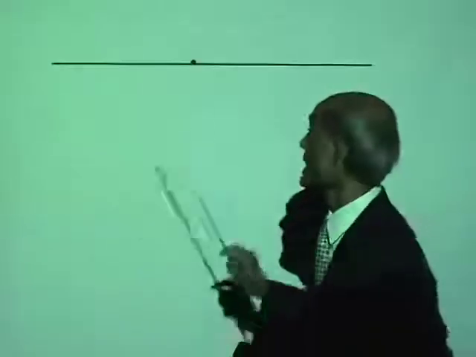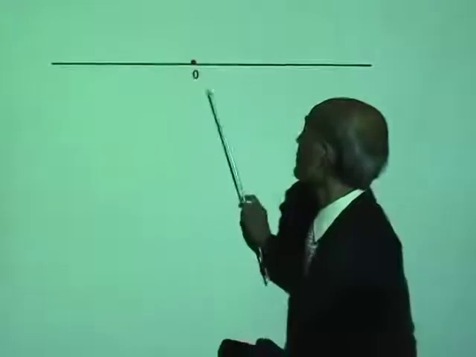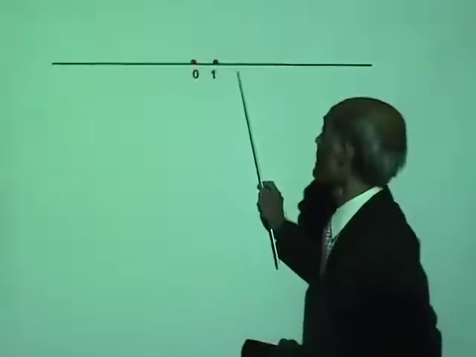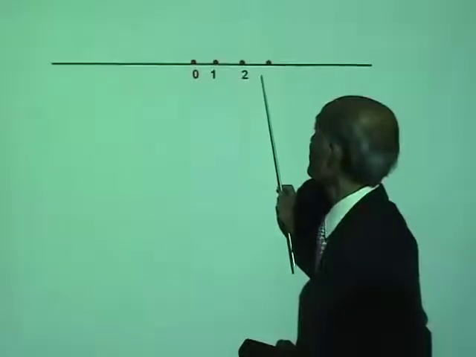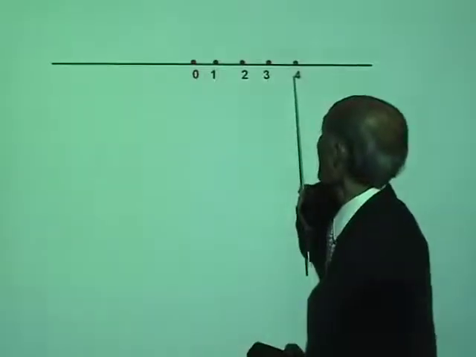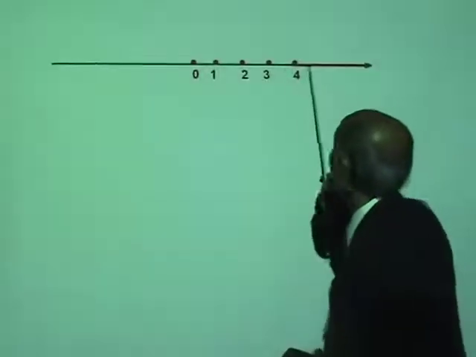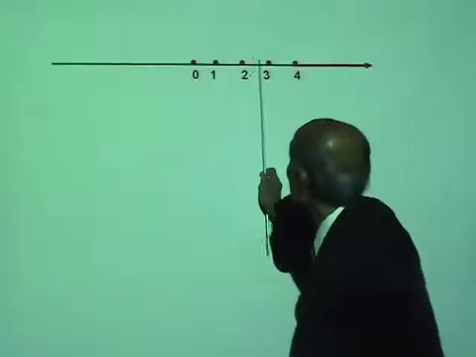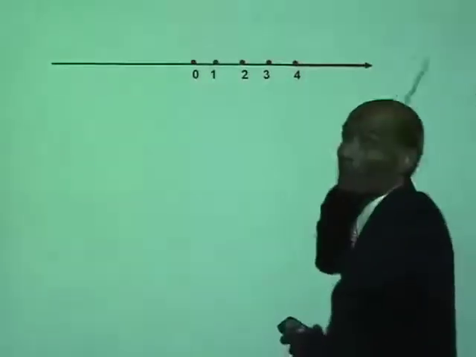Now, let's mark them on a number line. How does the set of integers look on a number line? We start at 0. We have 1, 2, 3, 4. And now, here we have the set of integers to the right of 0.